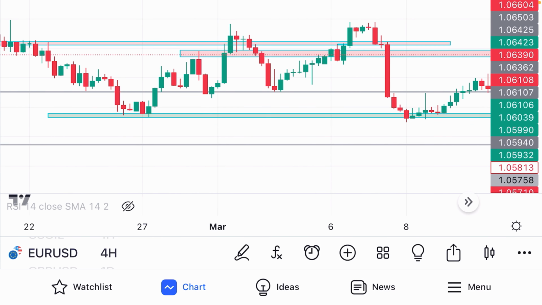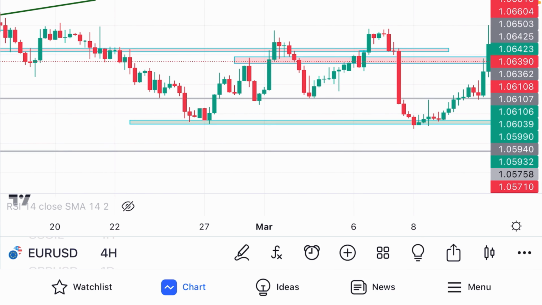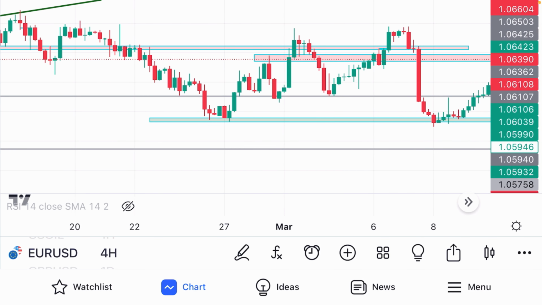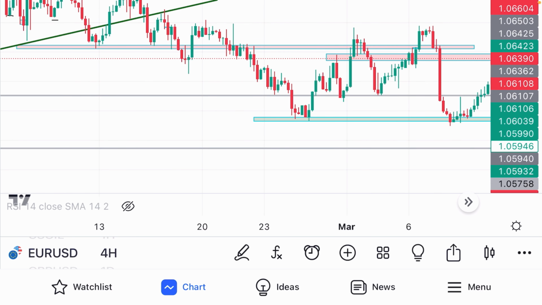So we hop onto the 4 hour time frame. Remember we do our analysis prior to the US trading session, so let's assume that we are in the London trading session. In the London trading session, we can see prices going to the upside on the 4 hourly.